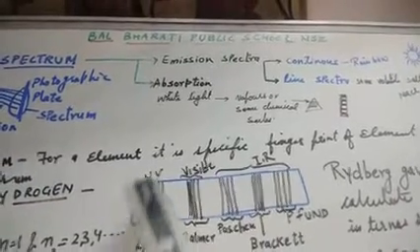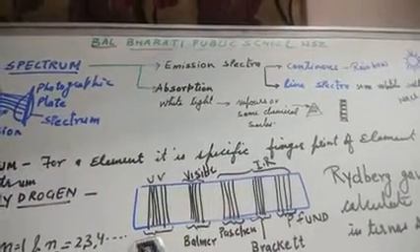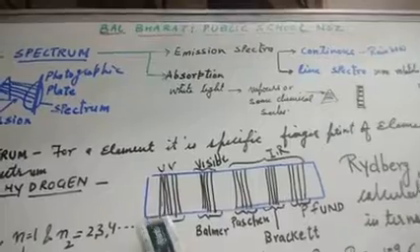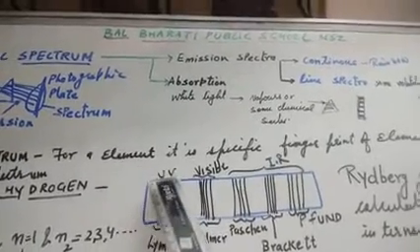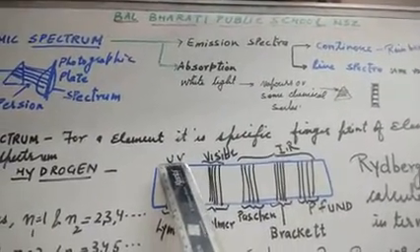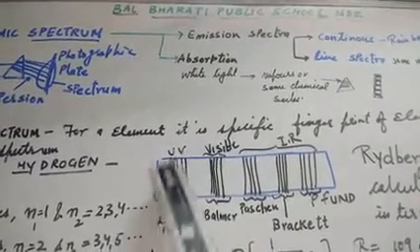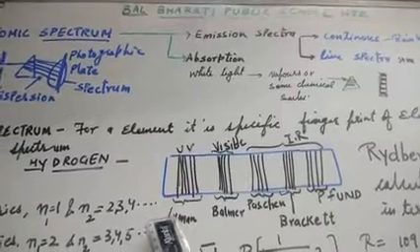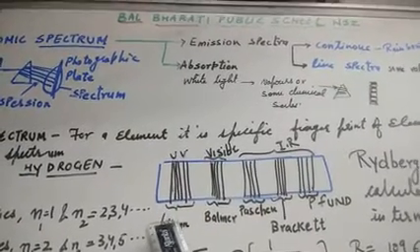So we are calling those lines the Lyman series, and they fall in the ultraviolet region. Whatever the wavelength of the ultraviolet region, that wavelength is there in the Lyman series of the hydrogen atom spectrum.